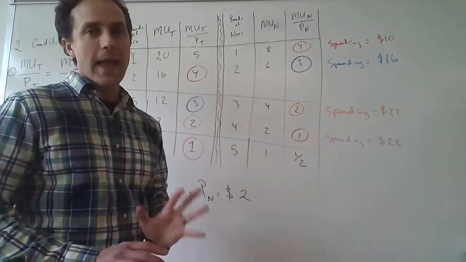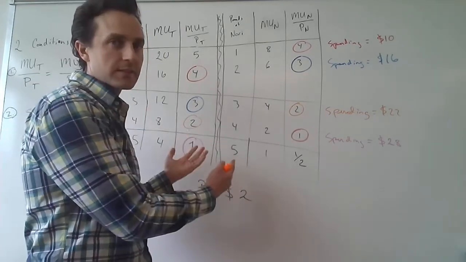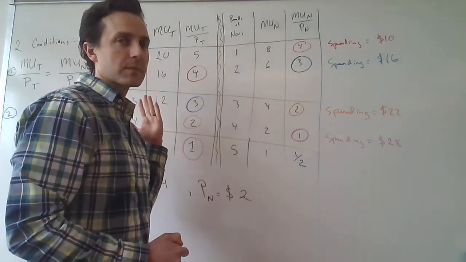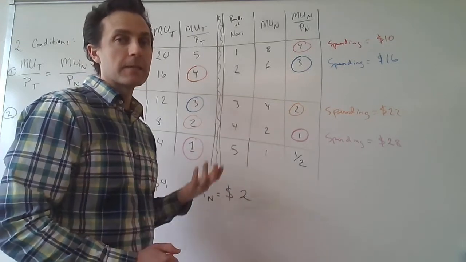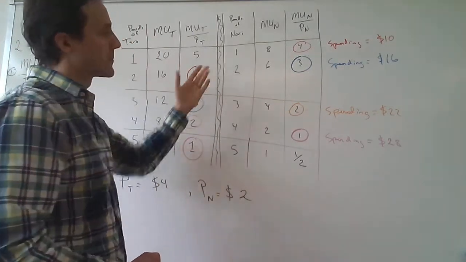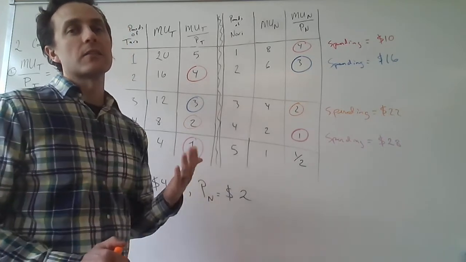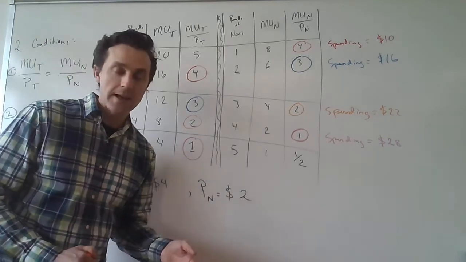Okay, so the way to analyze this problem and to figure out which different combinations of taro and nori this person should buy, given their preferences represented by the marginal utilities and also the prices, is that there's 2 rules that we follow, right? The 2 rules that we talked about in class.